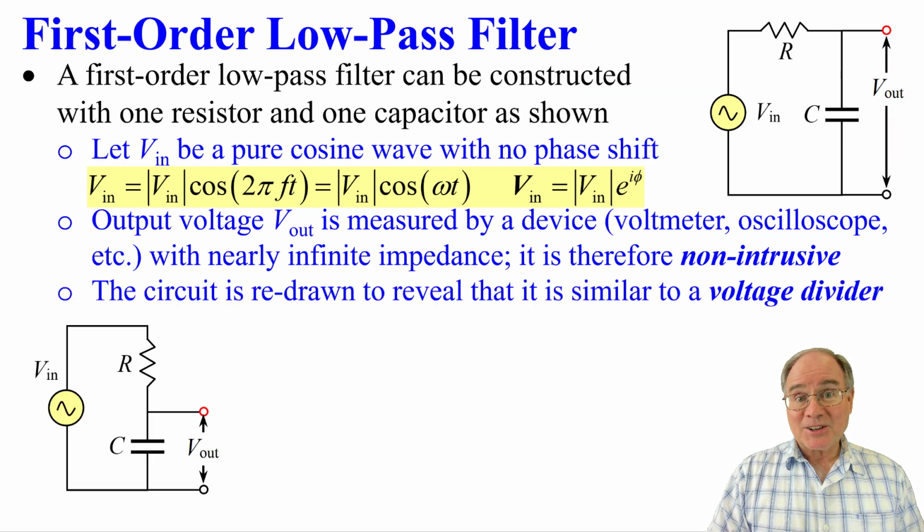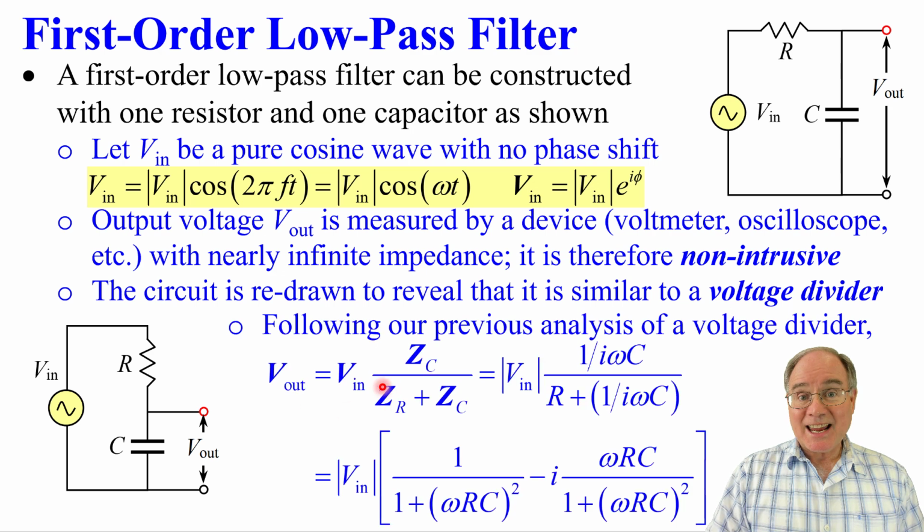I redrew the circuit to reveal that it's similar to a voltage divider, which we previously analyzed. We used the same equation for output voltage that we got previously with 2 resistors for a voltage divider. But now with a resistor and a capacitor, we use the same equation but with impedances instead of resistances.